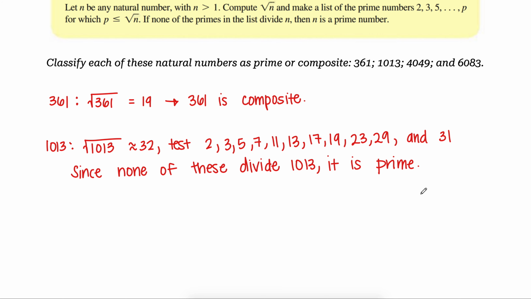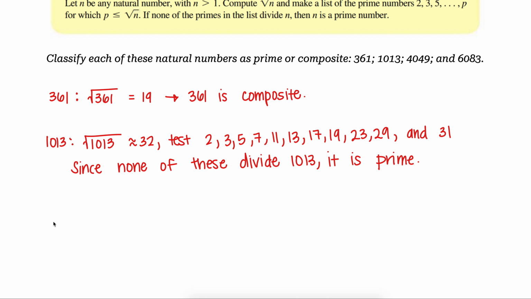The third one is 4049. Same process. You take the square root of 4049, and it's about 64. So what you need to do is test the prime numbers less than 64. So this is an even longer list.